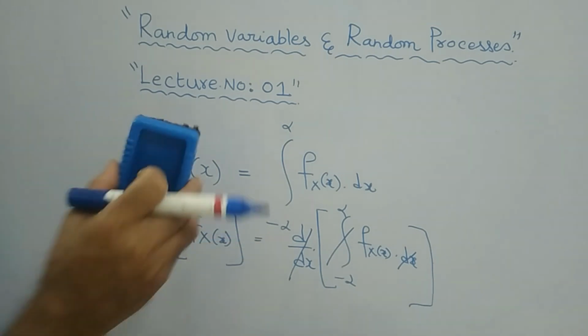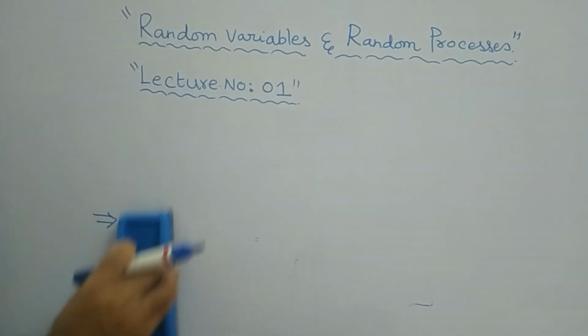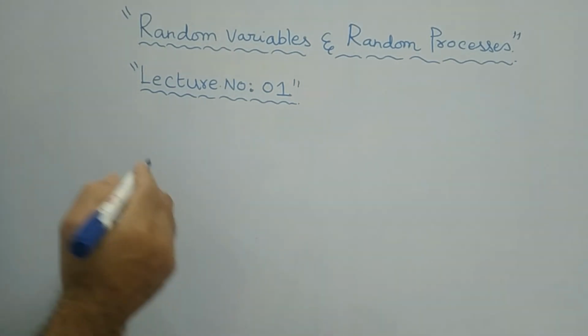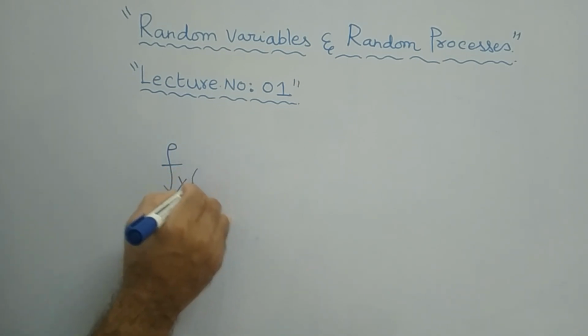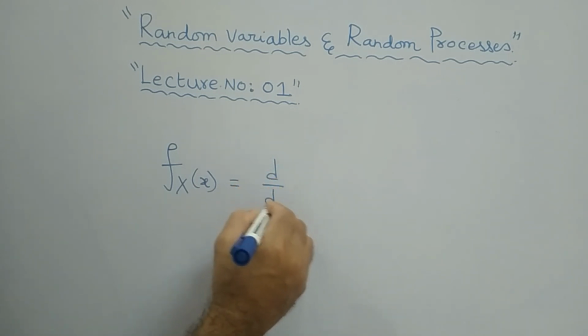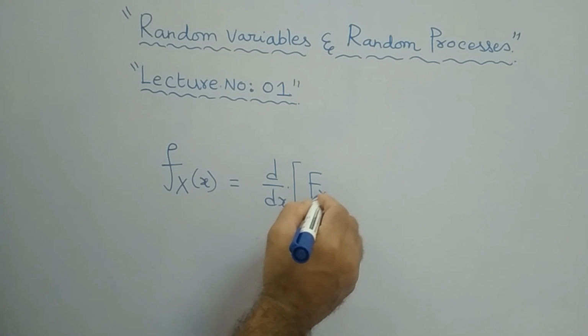Therefore I can write it this way: by taking the differential on both sides, you have the relationship small f X of x is equal to d by dx of capital F X of x.